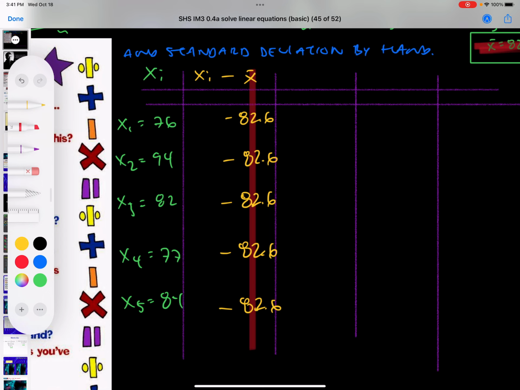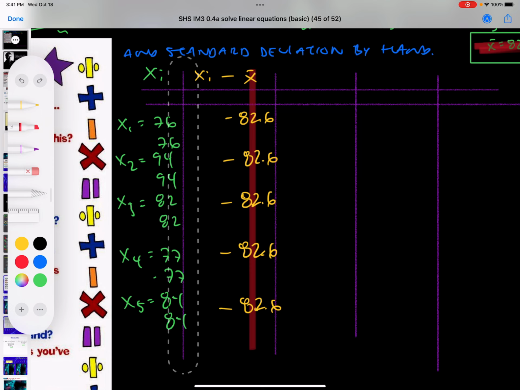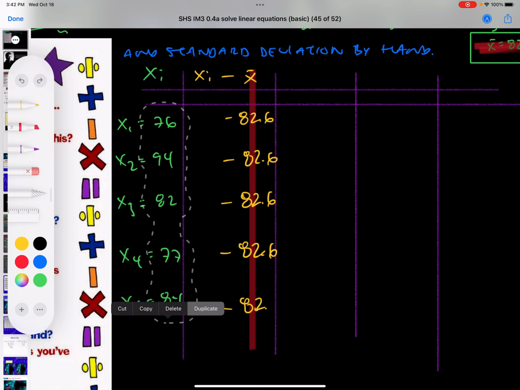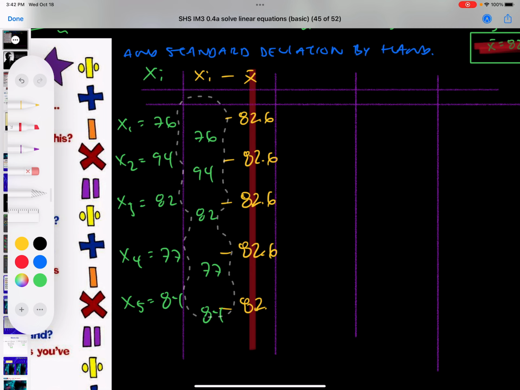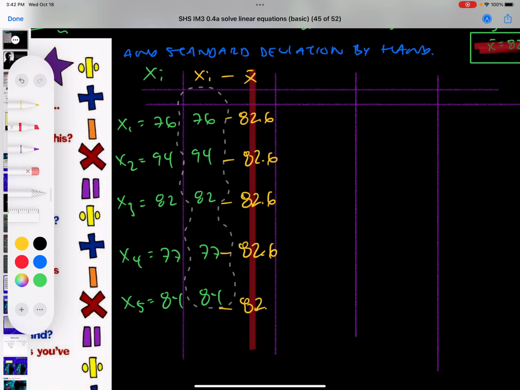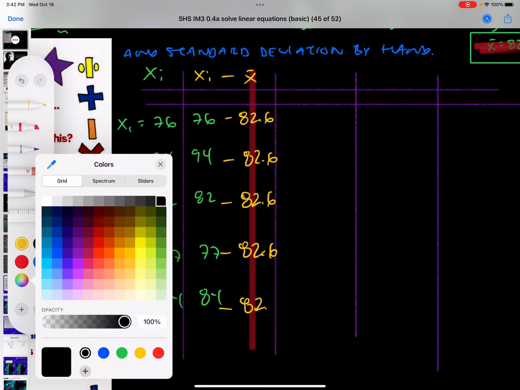And so I have all of these numbers. Let's do some magic. Okay, close enough.